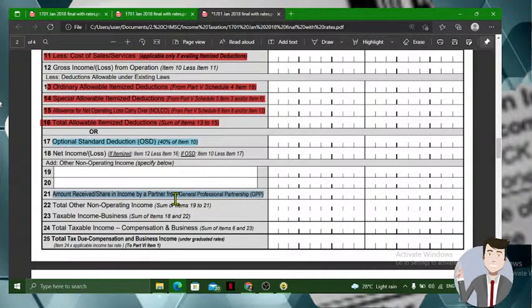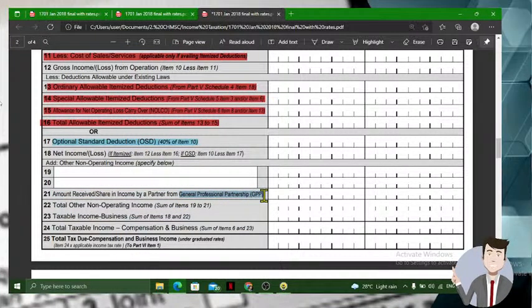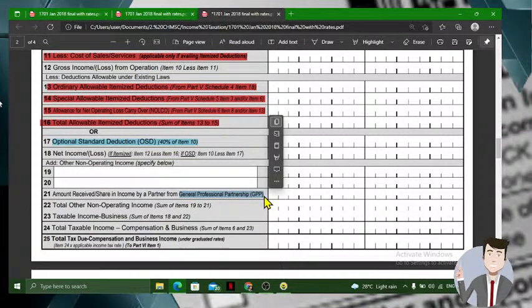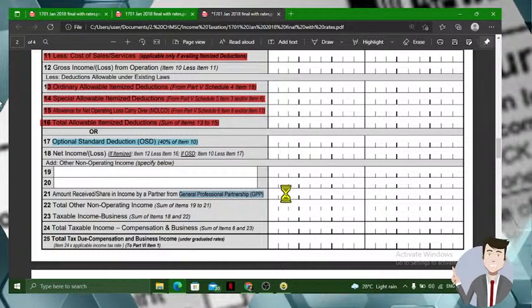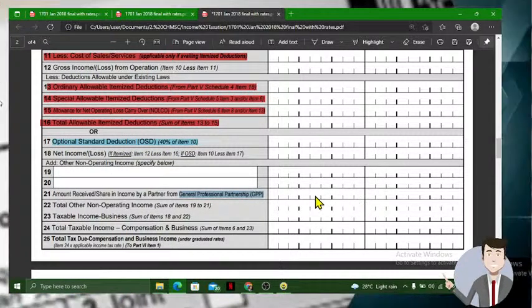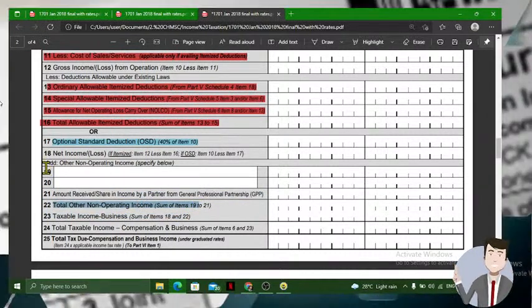So the GPP itself should not be taxed, because the tax is after the GPP has distributed the share of each partner. That's why you have to include that as part of your other non-operating income. Then the total non-operating income, that is item number 21.